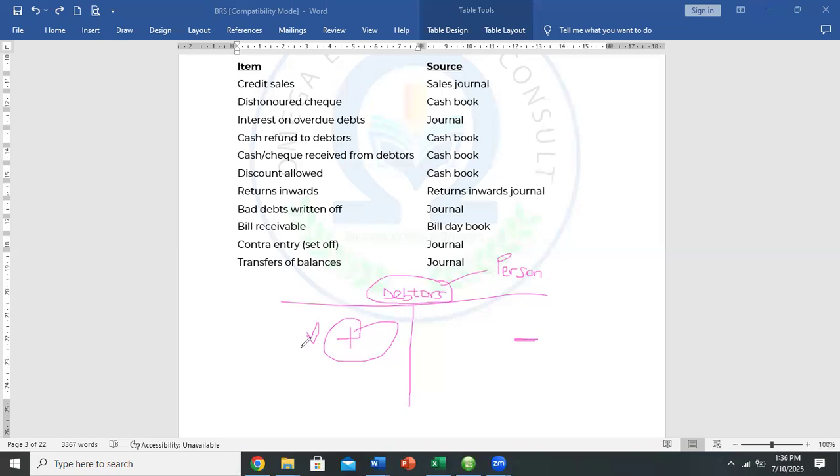And so it's only obvious to say that credit sales increases debtor's balance. You can always use somebody as an example. So take your friend as your debtor. Then you keep selling to this friend on credit. What it simply means is that this friend will be owing you more and more. So credit sales would increase the debtor's balance, and for that matter, is debit.